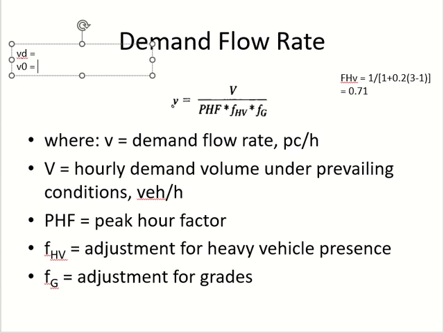Use volume of each direction, okay? Volume of each direction, so 300 and 200. B will be 300 and 200.